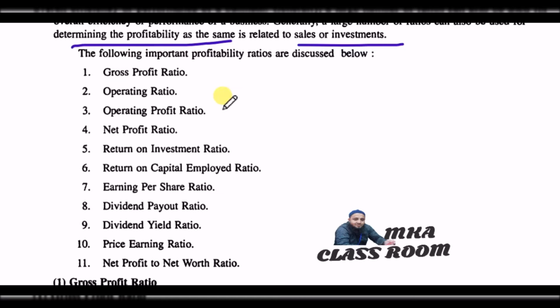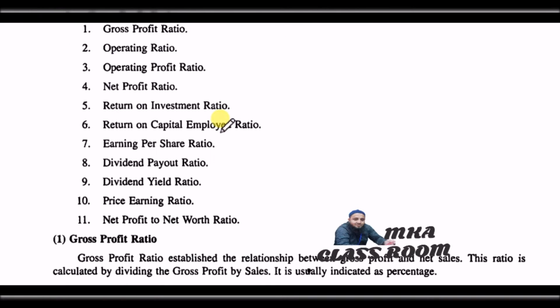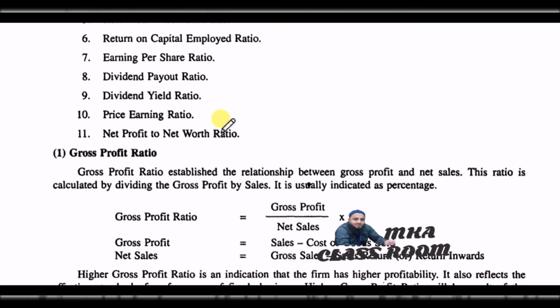These are the profitability ratios which are used to determine a firm's profitability or capacity to earn profit. Now one after another we will try to discuss these ratios.